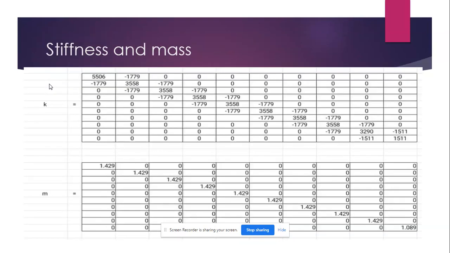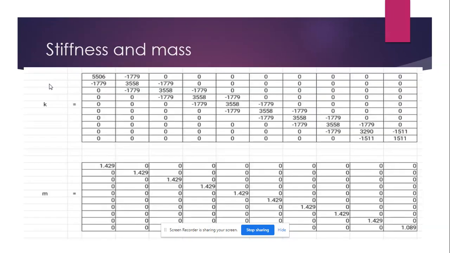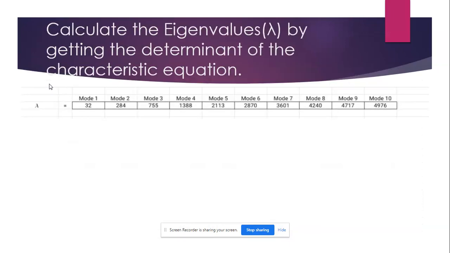Since the stiffness and the mass are already given by Sir Olivo, the next step is to calculate the eigenvalues. As you can see, the eigenvalues have already been calculated. After we solve this equation, the roots will be these.